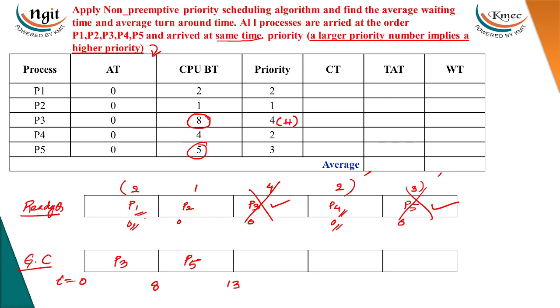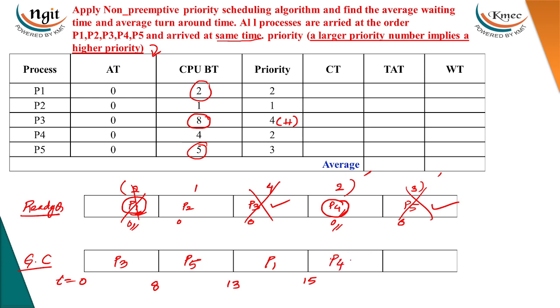If both have the same priority and the same arrival time, then we need to take the minimum process id. So P1 will be scheduled. The burst time of P1 is 2, so it executes up to 13 plus 2, 15. P1 completes at time t equal to 15.